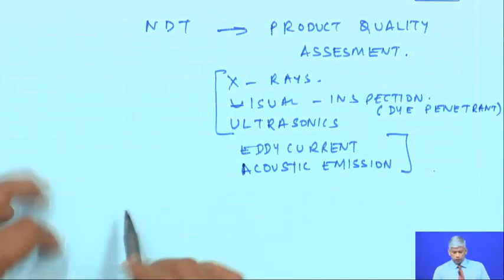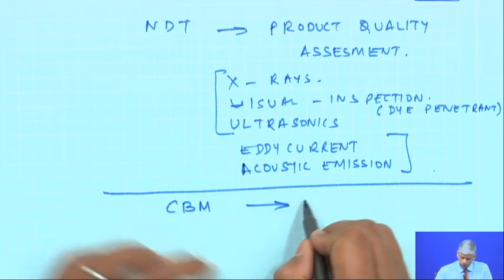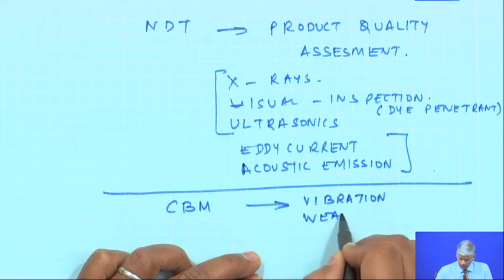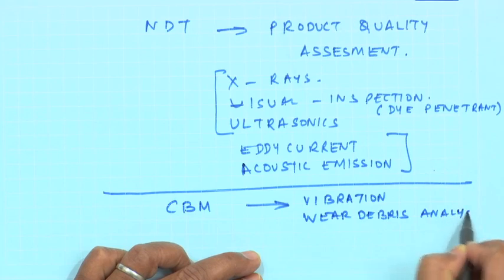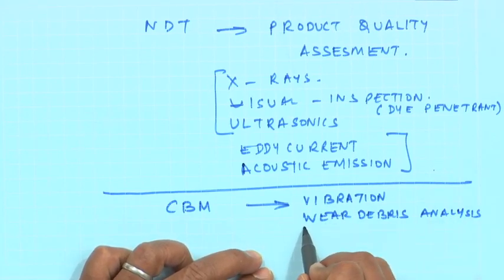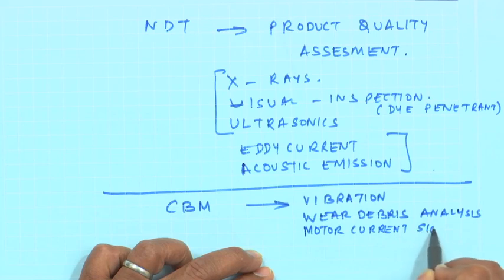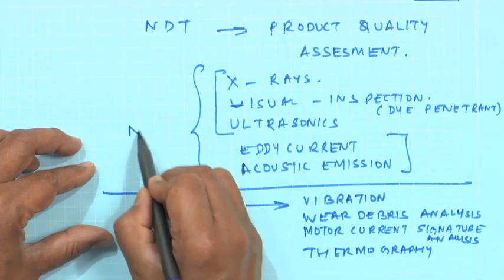So, again just to recap, when I talked about CBM, I did mention about vibration, wear debris analysis, and then talked about motor current signature analysis, thermography, and then all these NDT techniques.